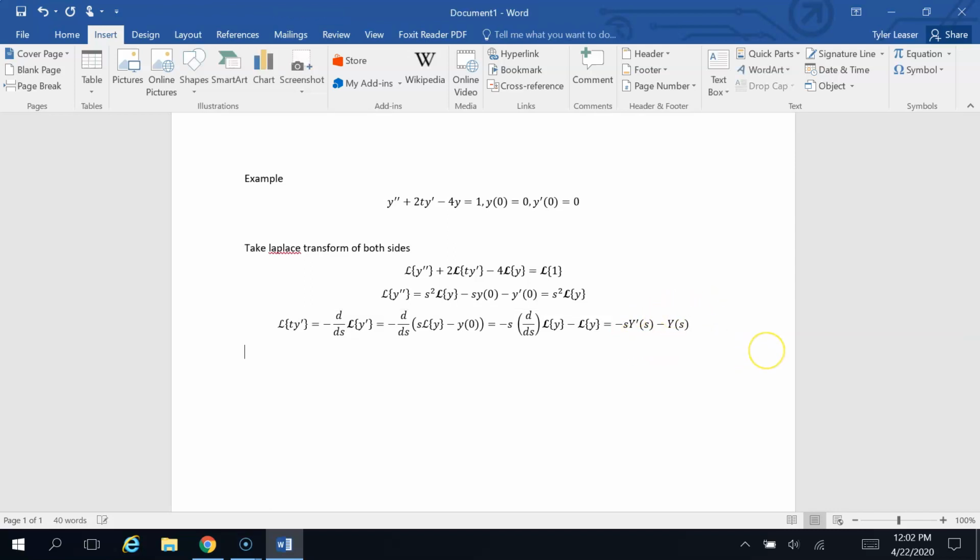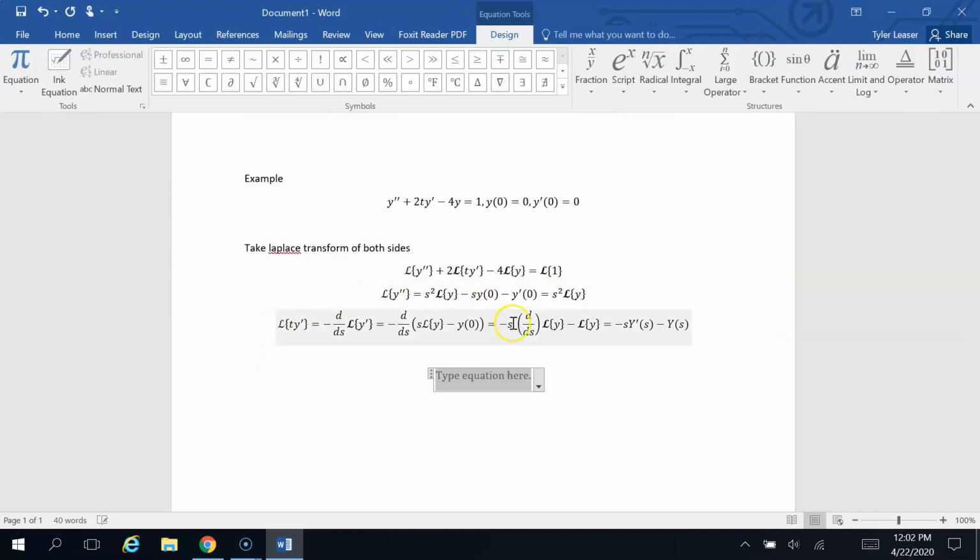Okay, cool. And now that we have these things, we can plug that back into this first equation here. The first thing is that second derivative, which was just s squared, and then Laplace of y, so capital Y of s. And then we have to be careful, right? Because there's a plus 2, and that plus 2 needs to distribute into the Laplace of ty prime.